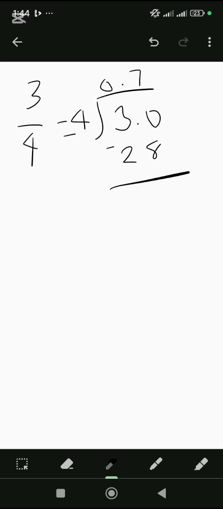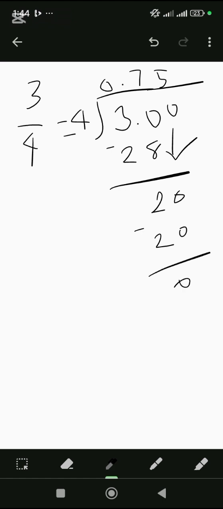You subtract this, you are going to have 2. We can bring down this here, so that we have 4 into 20 is 5 times. 4 times this is 20. And when we subtract this, we have 0. Now, if you look at this, we have been able to convert 3 over 4 to 0.75.